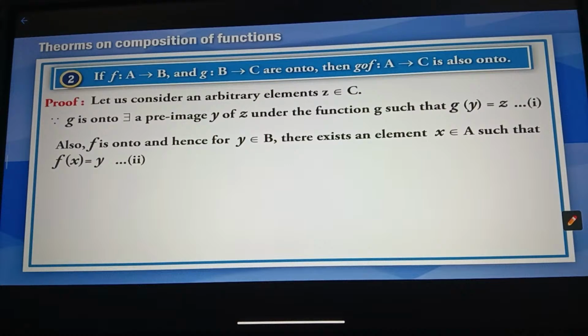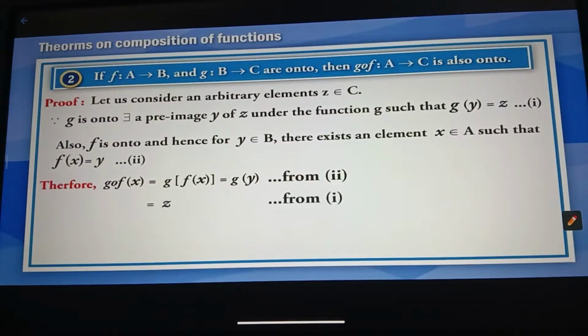Denote this by equation 2. Therefore, g circle f of x is equal to g of f of x, which is equal to g of y from equation 2, and g of y is equal to z from equation 1.